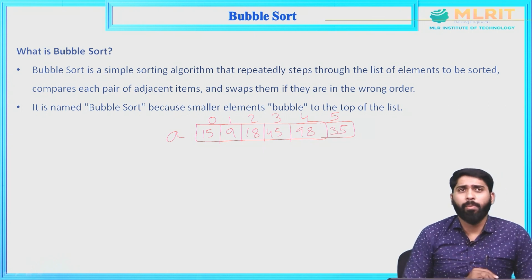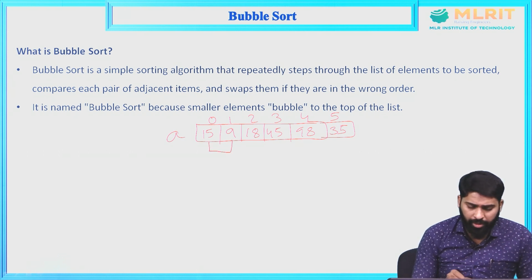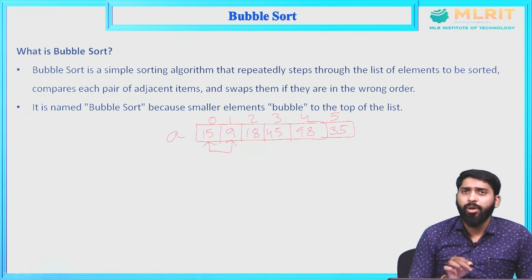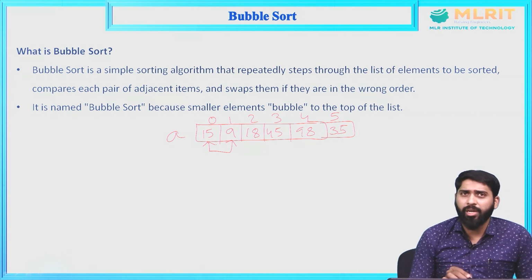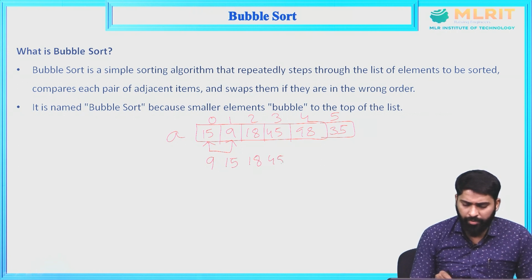Now what is bubble sort? Bubble sort compares each pair of adjacent items. Now I compare these two, 15 and 9. 15 is greater than 9, so swap. Now it becomes 9, 15, 18, 45, 98, 35.